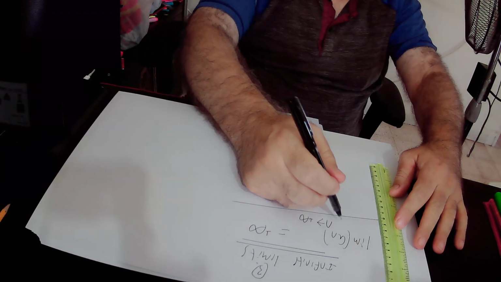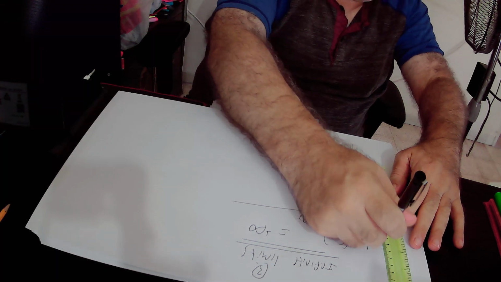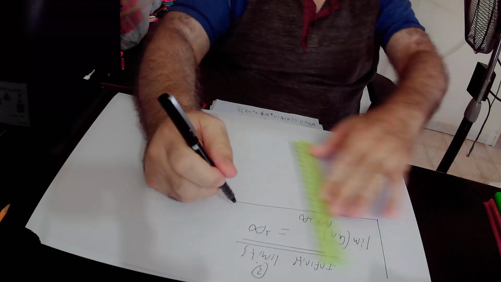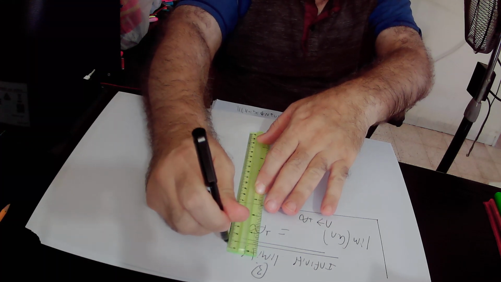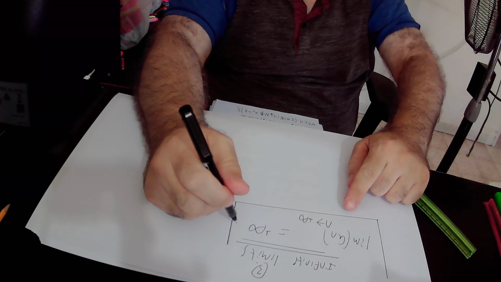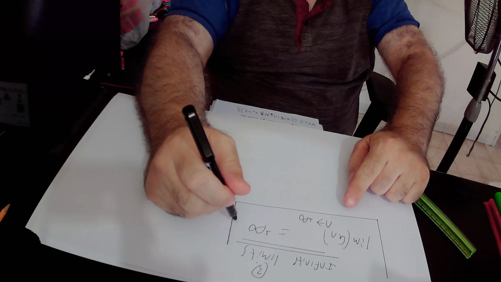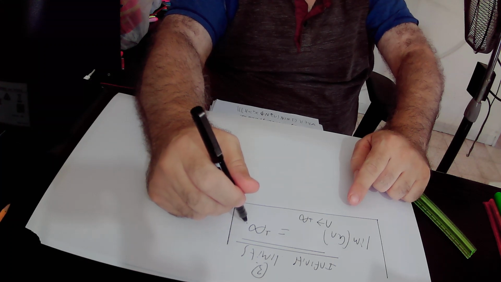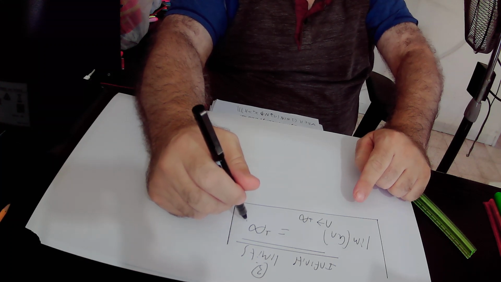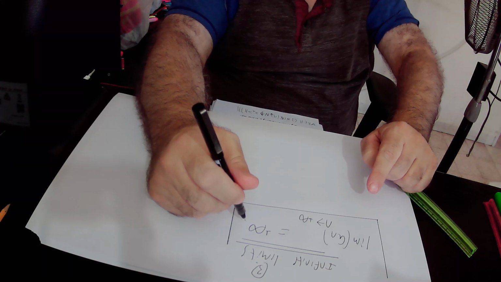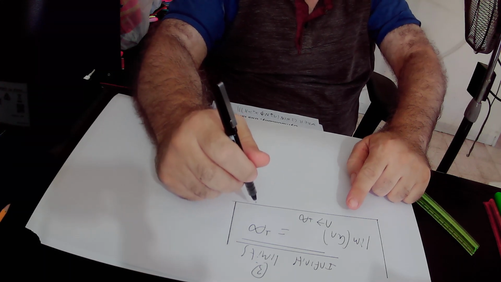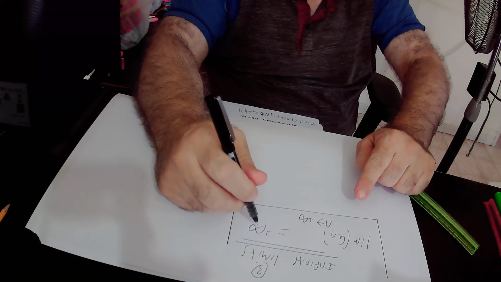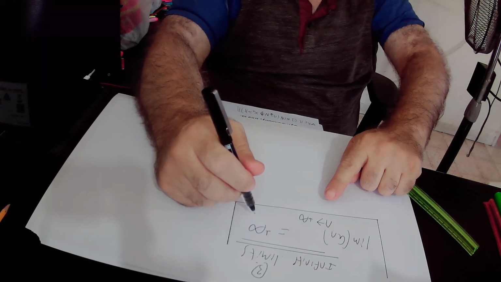I'll give you a definition: which condition must hold in order that the limit of sequence AN will be equal to plus infinity when n tends to infinity?